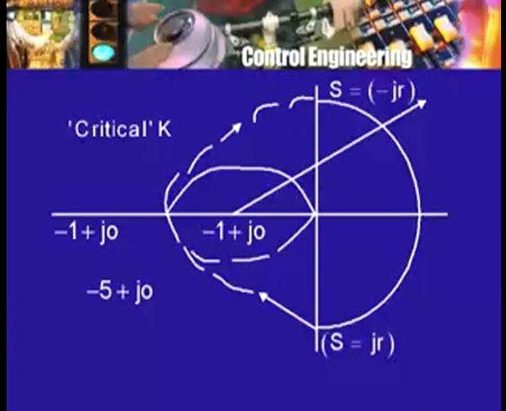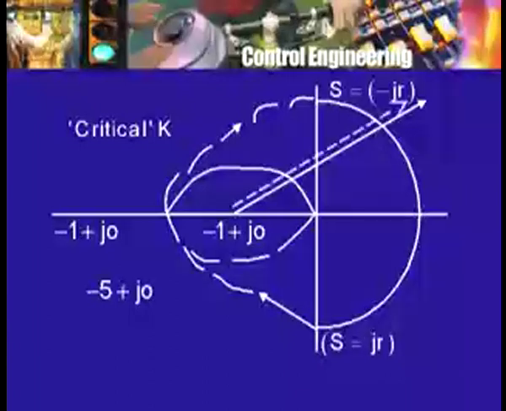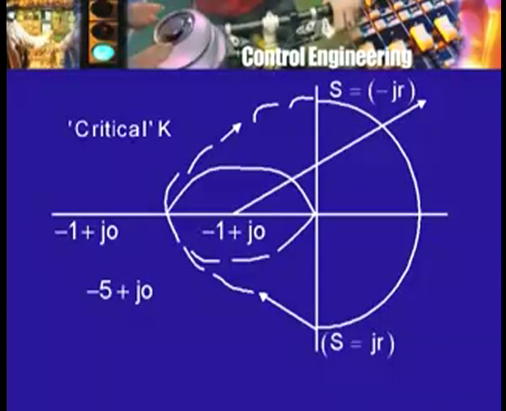As you can see, if you trace the image contour, it is in the same sense as the original contour, but the number of encirclements is 2. I can also do it by drawing a ray from this point in any direction, finding out the number of intersections of this ray with the image contour. The number of intersections in the same sense is also 2.